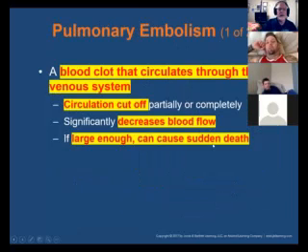Pulmonary embolism, we're almost done with this chapter, and the other one won't take nearly as long. Pulmonary embolism is a blood clot that circulates through the venous system, and the origination, where do these things start? Frequently, the blood clot originates in the lower extremities, possibly from remaining seated on a long flight on an airplane without getting up, walking around.